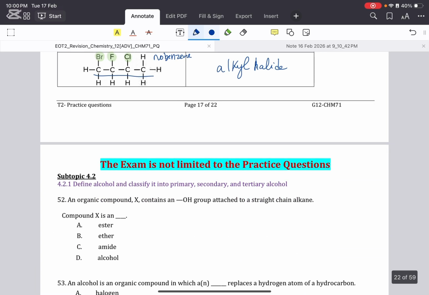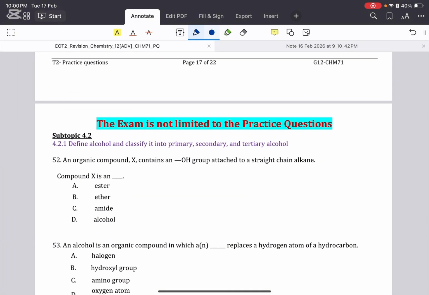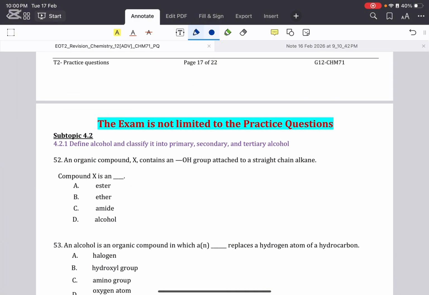Now, let's move to the questions of topic 4.2. In this topic, you need to define an alcohol and know how to classify it into primary, secondary, tertiary. You also need to know how to write the IUPAC name of an alcohol or draw it if the IUPAC name is given.